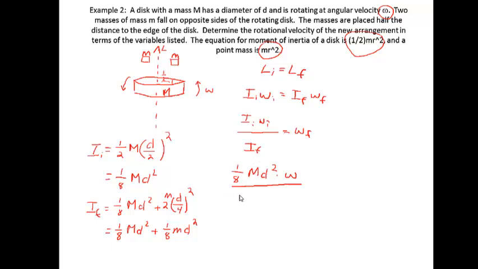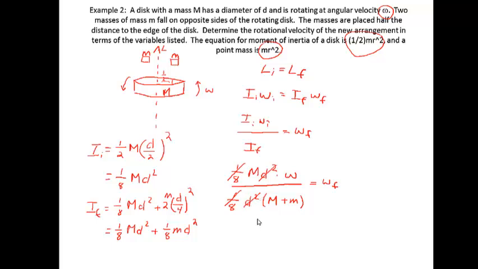So it's going to be, factoring out the common terms, the 1/8 and D squared, capital M plus little m. That all equals omega final. Then we can do a little algebra. We can cancel 1/8. We can cancel D squared.